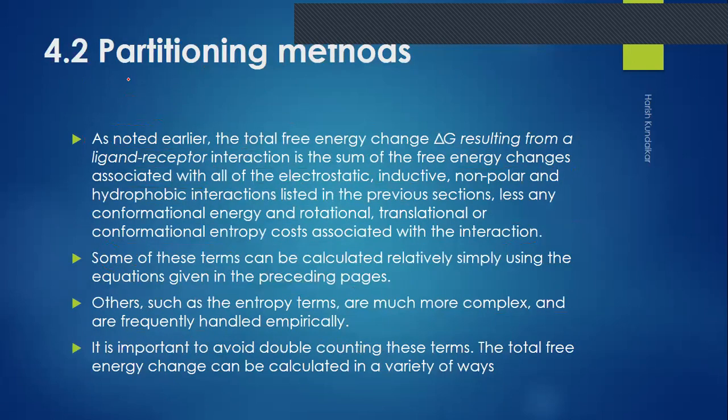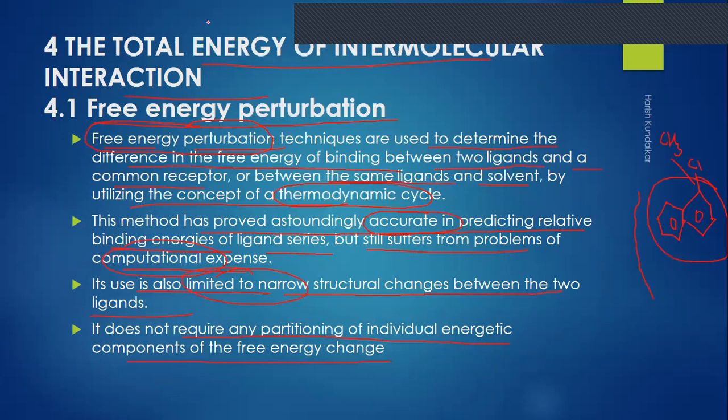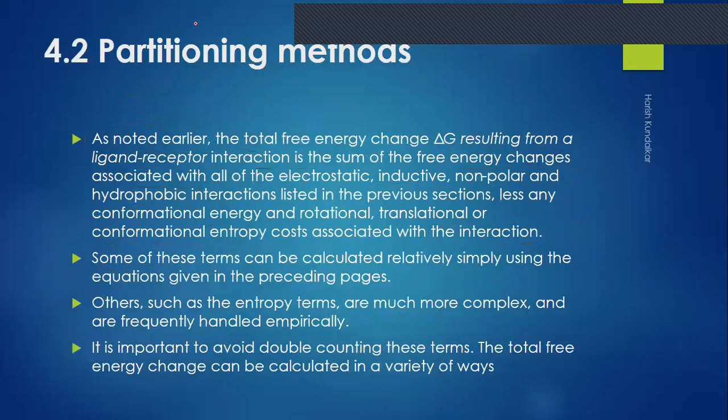Another method of calculating the total energy of intermolecular interactions is the partitioning methods. Here, structurally different molecules have been studied, and their partitioning behavior has also been studied, and then that has been correlated to how they bind to the receptors, how they will affect the binding of the ligand to the receptor.